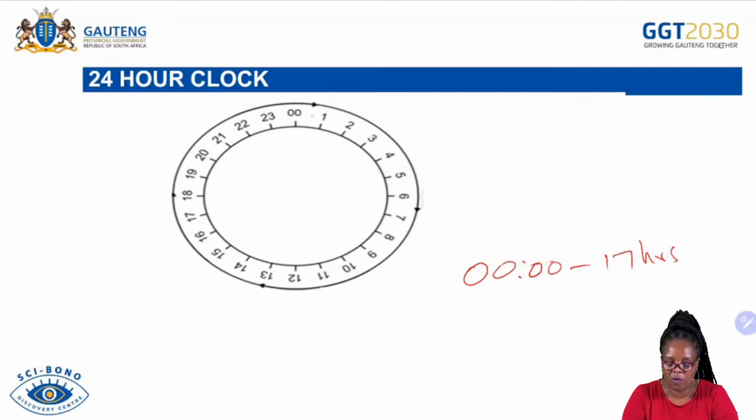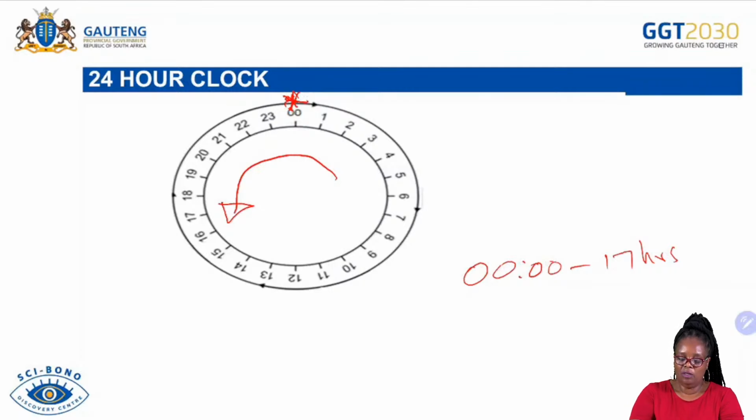There we are. We go straight to midnight. Here we are in midnight. Then since we are minusing again, it means we'll be going anti-clockwise. So we minus how many hours? 17 hours. From 0000. There we are.